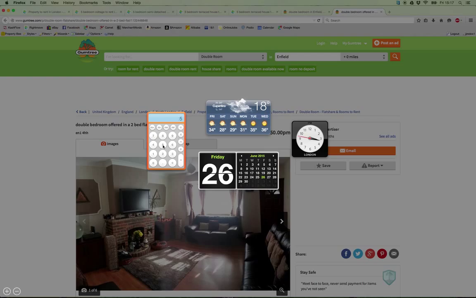I think we're going to have to rent it for 550 in order to make it work for us. That's £2,750. If we remove the bills, which is going to be about £550, the bills will include the cleaning, the electricity, gas and water, the council tax, and the Wi-Fi.